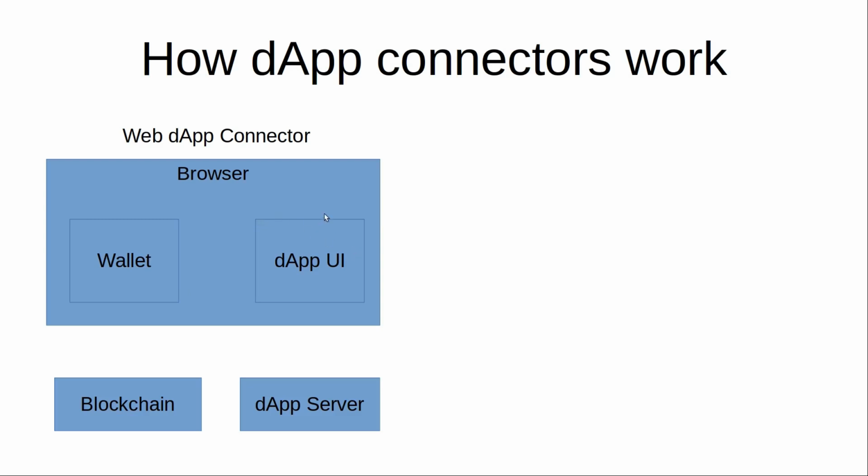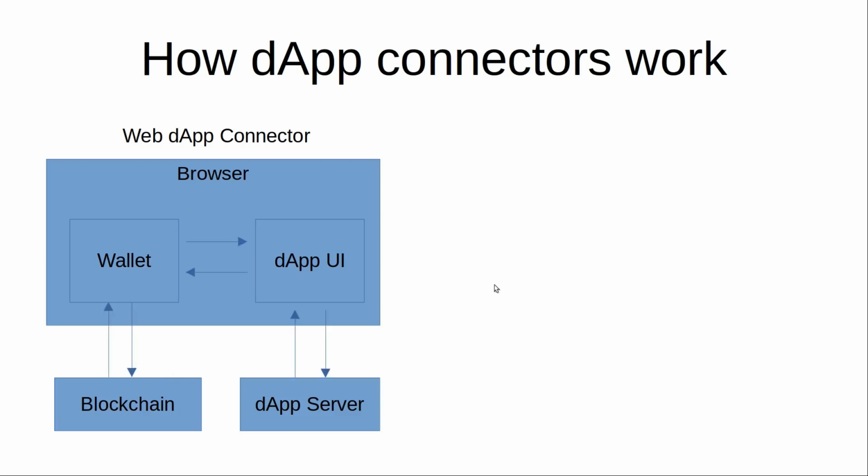We have a dApp user interface that's living in your browser. The web extension wallet also lives in your browser. We have a server that serves the dApp, usually a web server. And of course, we have the blockchain consisting of nodes.